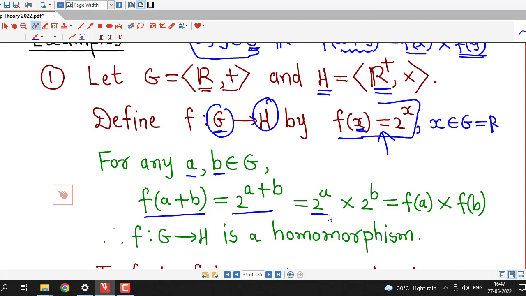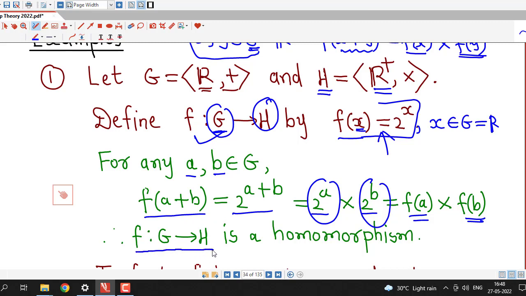This we can rewrite as 2 raised to a into 2 raised to b. Now 2 raised to a is f of a and 2 raised to b is f of b. Therefore we have shown that for any two elements in group G, f of a plus b equals f of a into f of b.